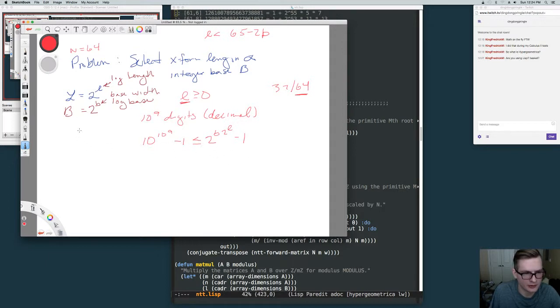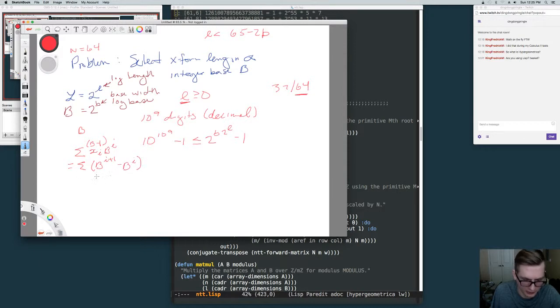If we have a number in base b, then that's the same thing as a sum of the coefficients x_i times b to the i. The maximum coefficient possibly is b minus 1, so let's just assume all the coefficients are b minus 1. Then this equals the sum of b to the i plus 1 minus b to the i.